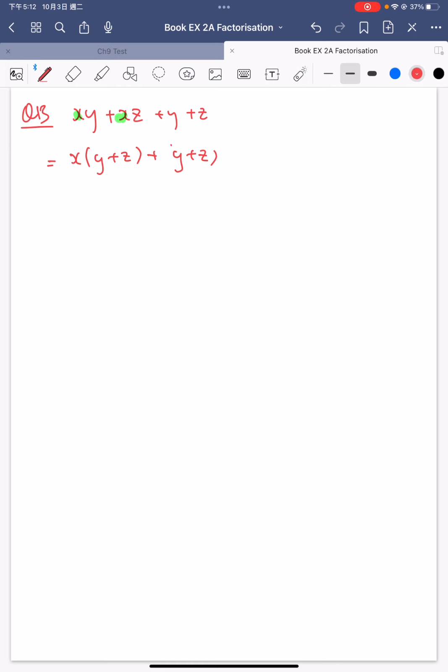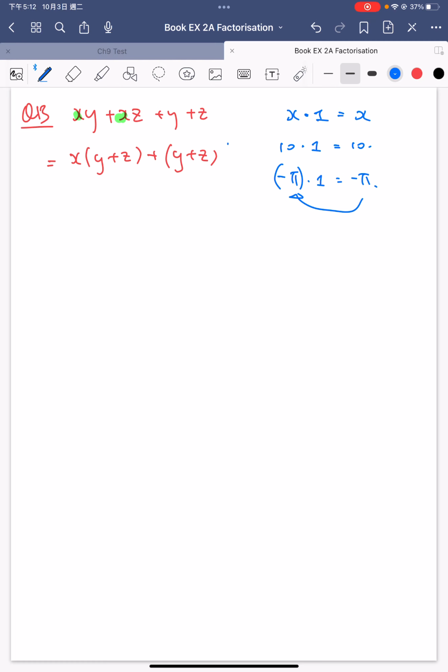So we can put a bracket here, but please bear in mind that x times 1 will always give you the x. For example, 10 times 1 is still equal to 10, isn't it? Or negative pi times 1 is still negative pi. So anything times 1 still gives you back anything. So now we have this y plus z.